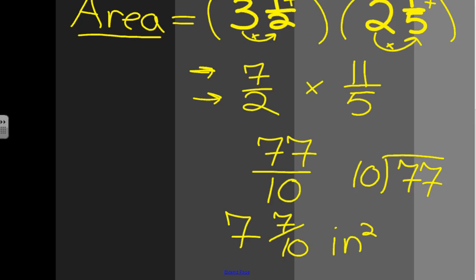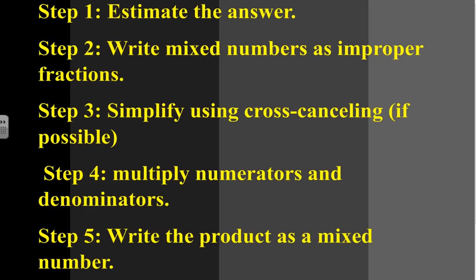So the only difference between multiplying two improper fractions and multiplying mixed numbers is step number 2. When we're solving this, the first thing you should do is write your mixed numbers as improper fractions. Then follow the rest of the steps just like you were multiplying fractions.